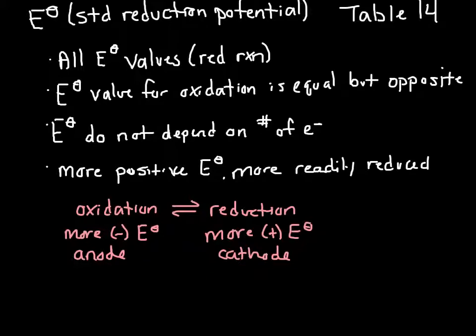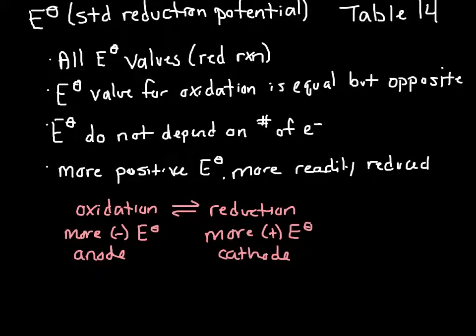So therefore, if you were wanting to find the standard reduction potential value for the oxidation reaction, it is equal but opposite. So you change the sign to the opposite sign, but the value stays the same. Keep in mind that the standard reduction potential does not depend on the number of electrons. So it does not have to be scaled for the stoichiometric equation present. And then the more positive E theta value, the more readily reduced the reaction or the element is going to be.